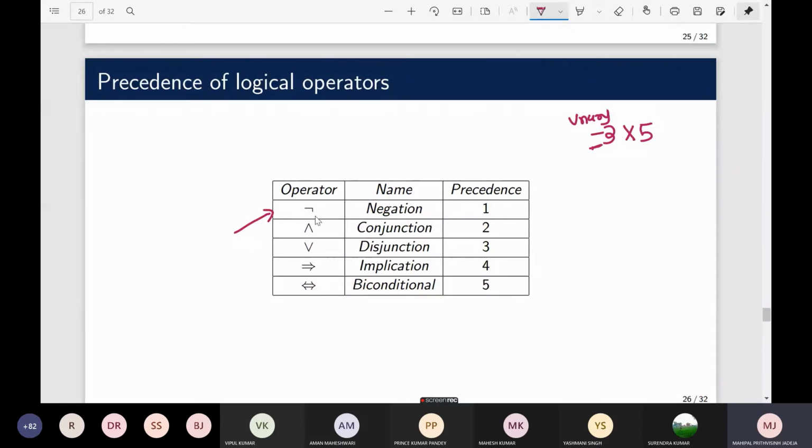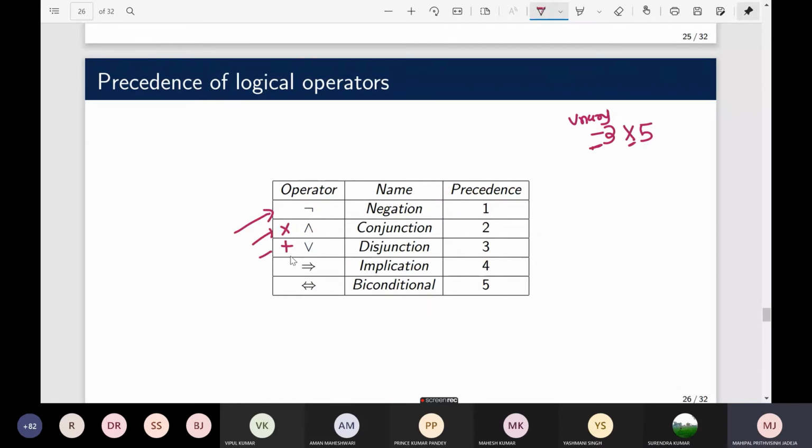Okay, the next precedence level is for the conjunction operator. Conjunction is equivalent to our multiplication. So after unary we focus on multiplication. Then we talk about disjunction, which is similar to addition.